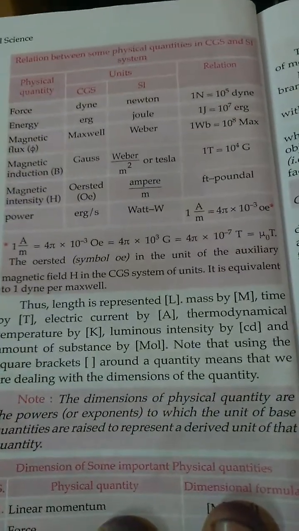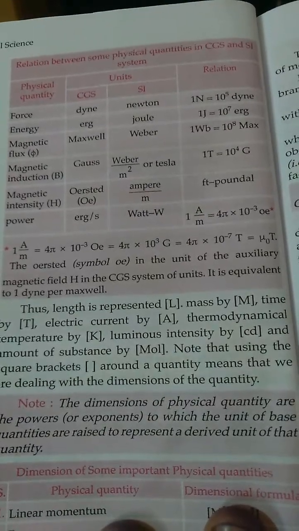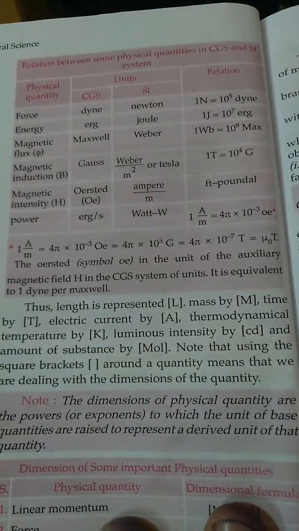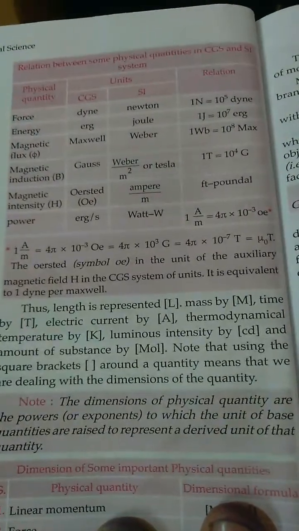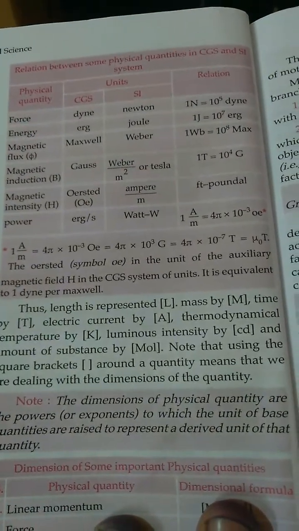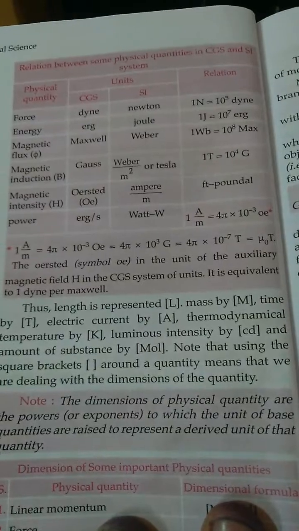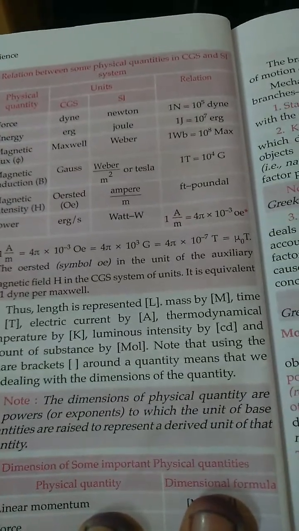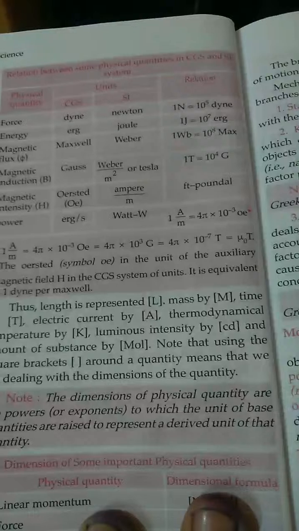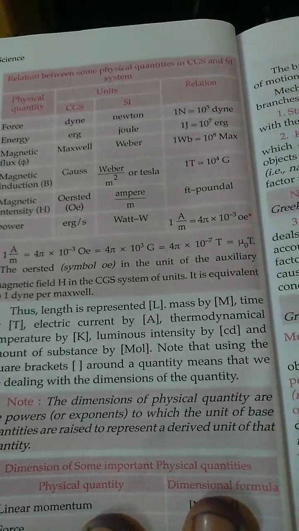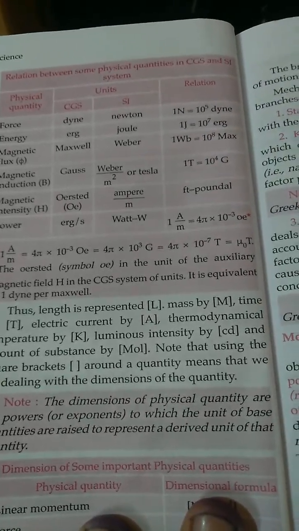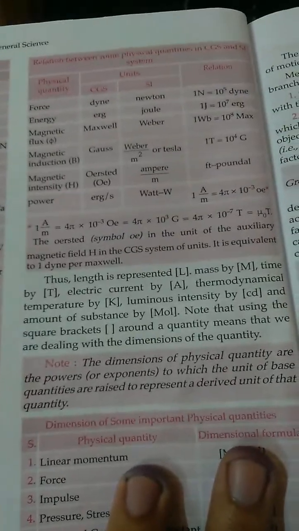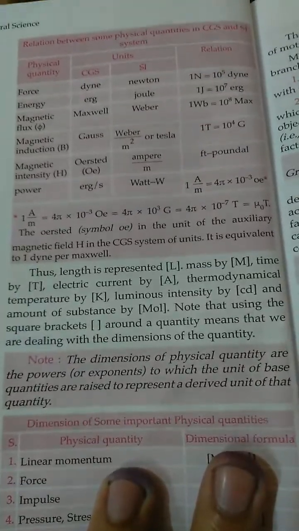Magnetic intensity, CGS unit is Oersted, or in short form capital O and small e. SI unit is Ampere divided by meter, and relation is ft-poundal. Then we have power.